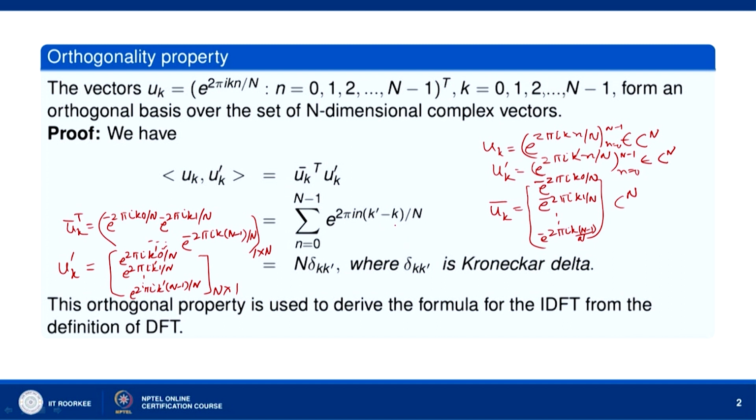Okay. So, if k is equal to k dash, let us do it here, we have sigma n equal to 0 to n minus 1 e to the power 2 pi i (k dash minus k) into n divided by n. Okay. So, this is actually a geometric series if k is not equal to k dash. Let us first find the sum when k is not equal to k dash.